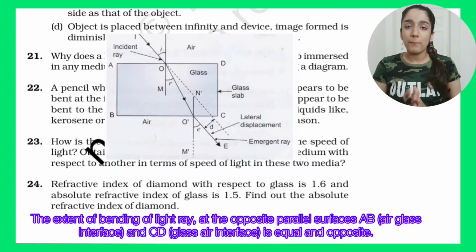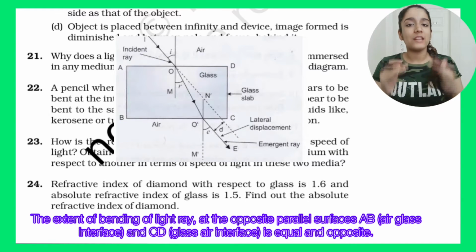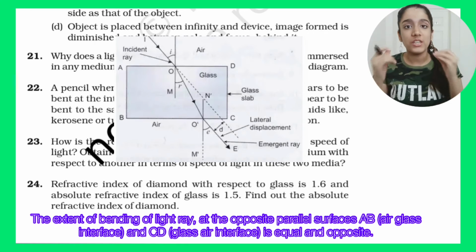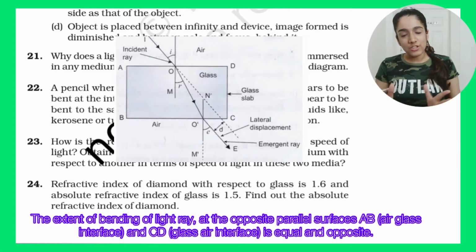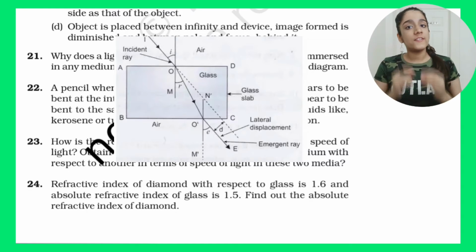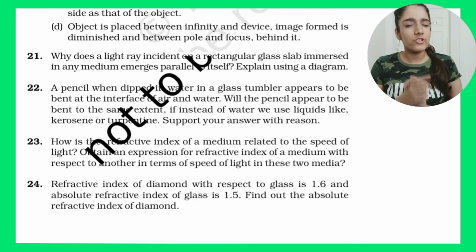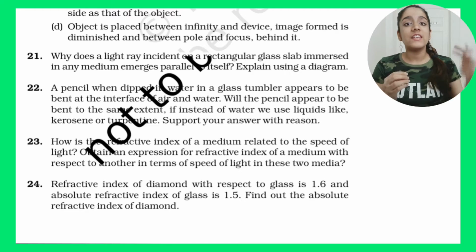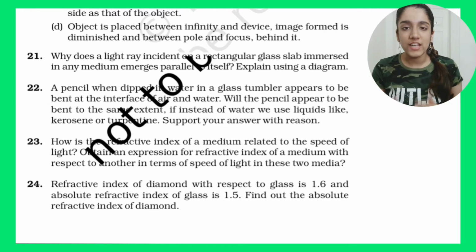That the amount by which the light ray will bend at the first interface is equal and opposite to the amount by which it will bend at the C and D interface. So this just implies that 2 times refraction is taking place, and only because of this reason the incident ray and the emergent ray are parallel.